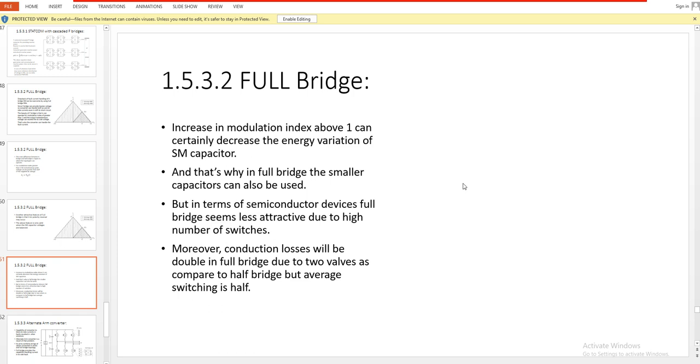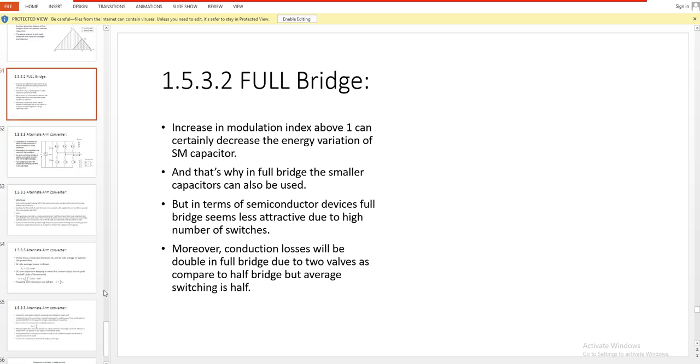That means you are basically saving your cost, saving your initial cost, but again there is a compromise between half bridge and full bridge submodule topology. So this is all about half bridge topology and full bridge topology that is used in modular multi-level converter.